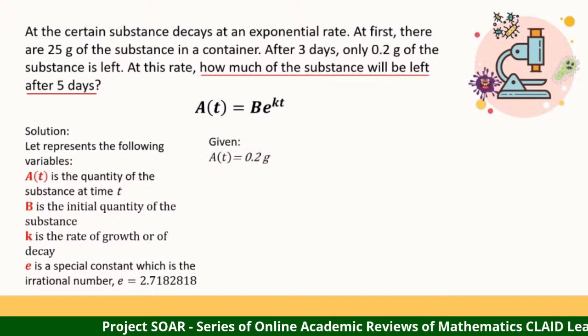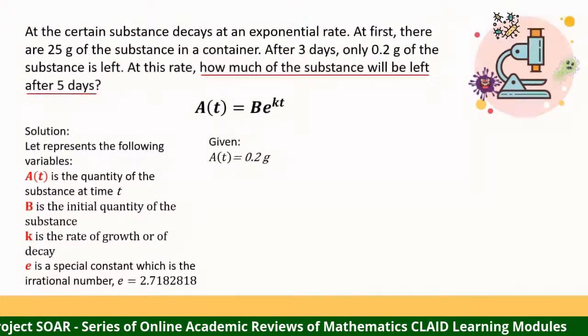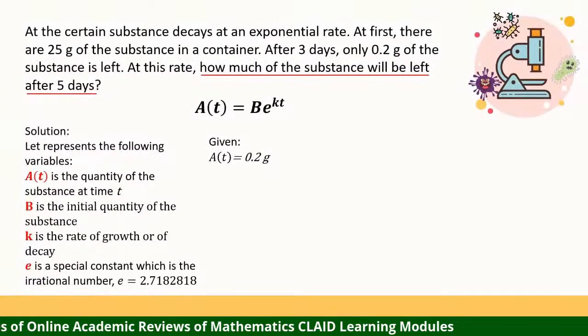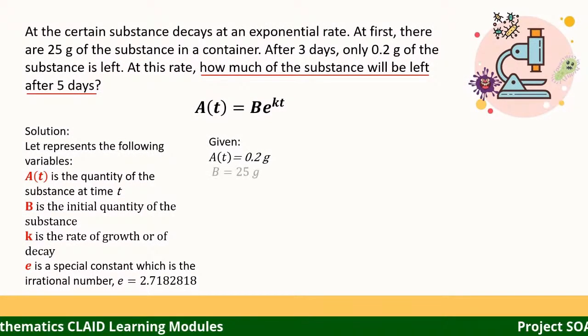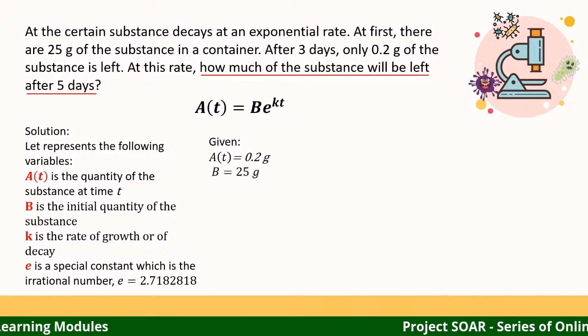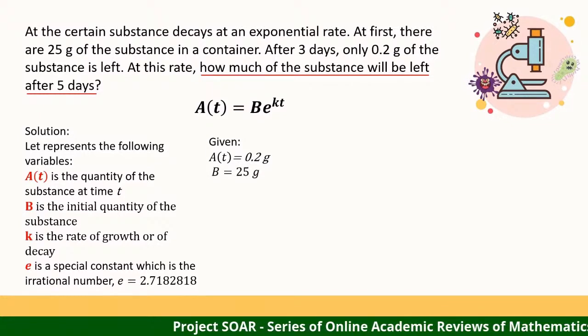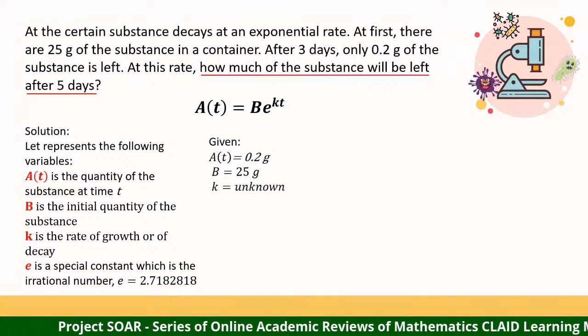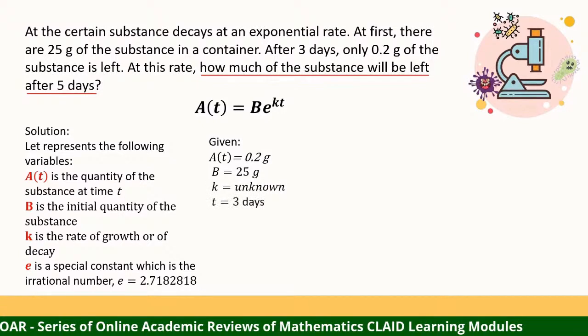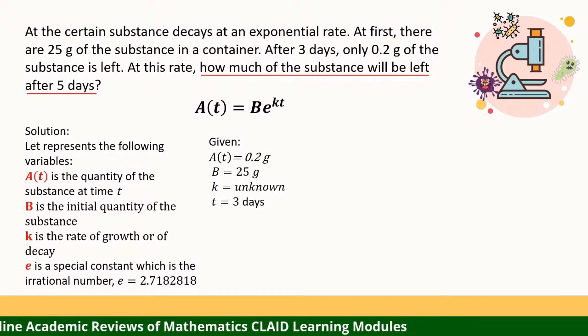We have A of t is equal to 0.2 gram. This is the quantity of the substance after 3 days. B is the initial substance, which is 25 gram. And K is unknown, and time is 3 days.